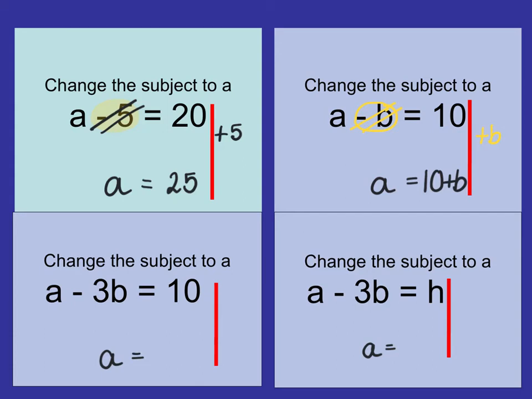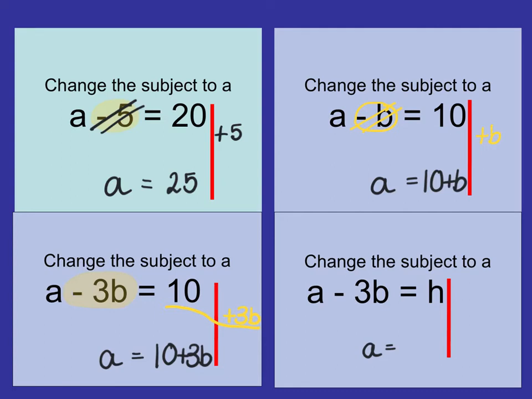Until then, I just leave it as it is. Next one, I've got take away 3b. Opposite of take away is to add. So here we've got 10, add 3b.